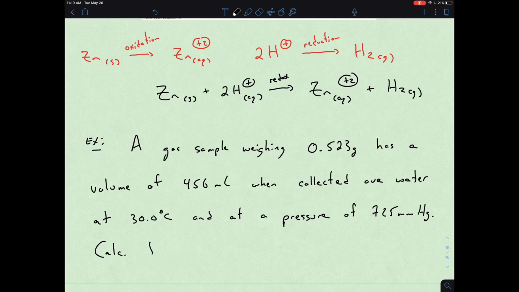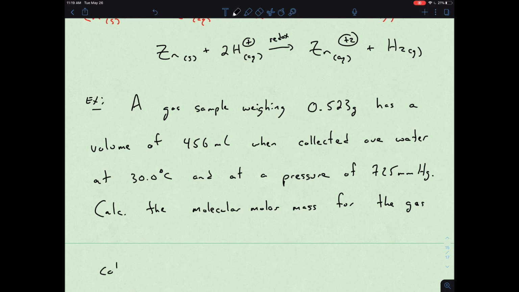We want to calculate the molar mass for the gas collected.